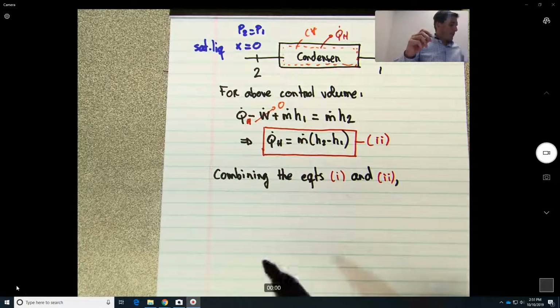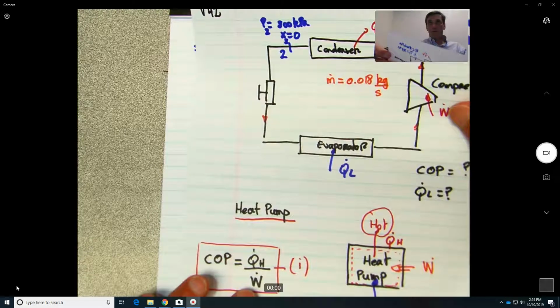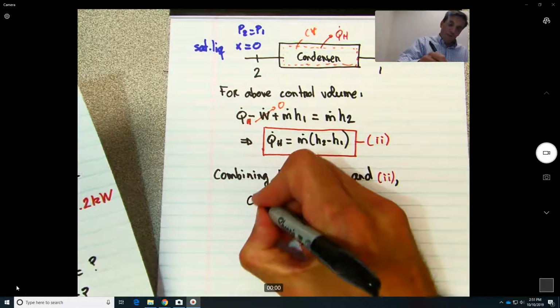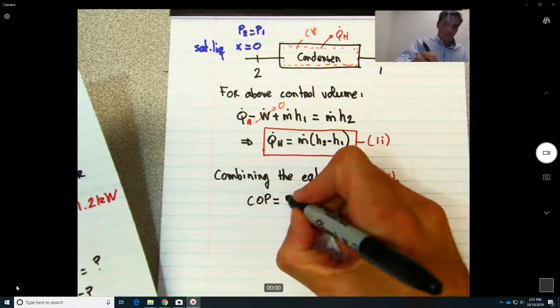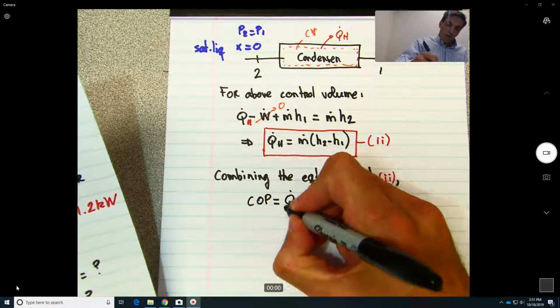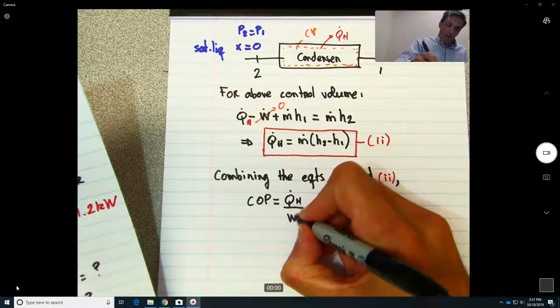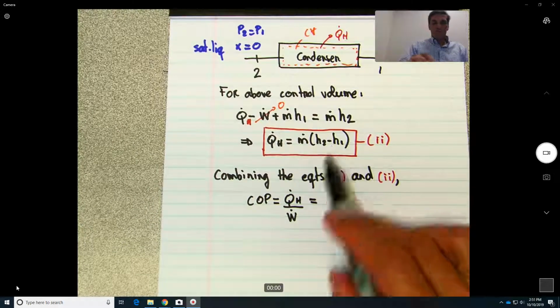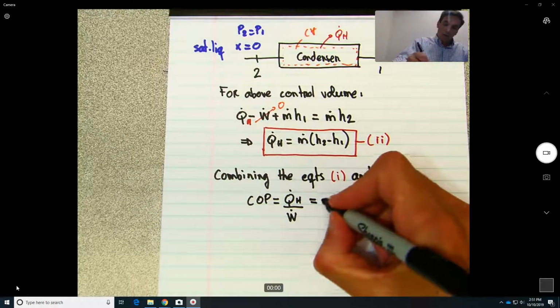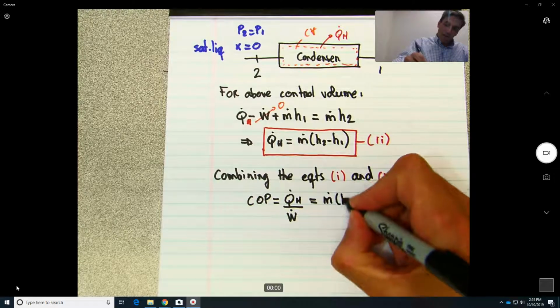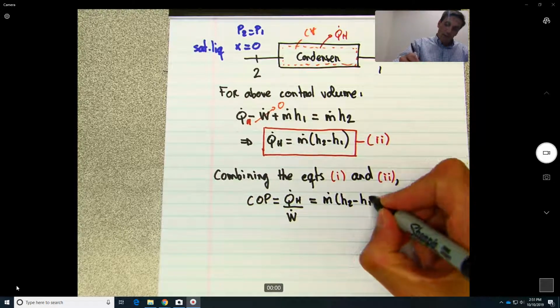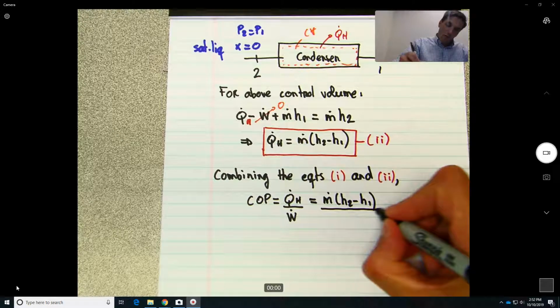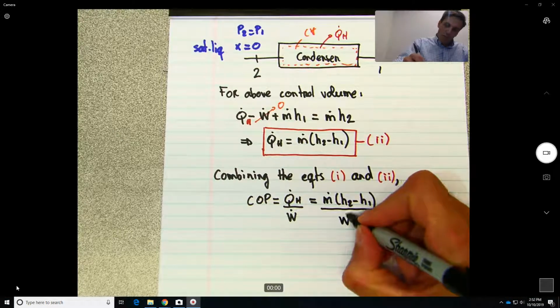Our first equation we derived was the one for the coefficient of performance, that is equal to the Q dot hot divided by the power. So now if we use the second equation, what will be the Q sub hot? Will be M dot times H2 minus H1 over the power required.